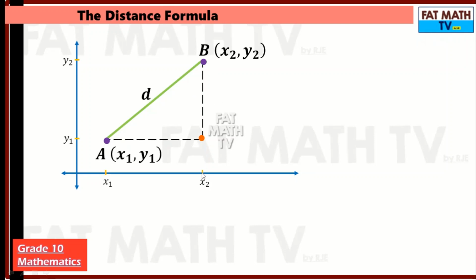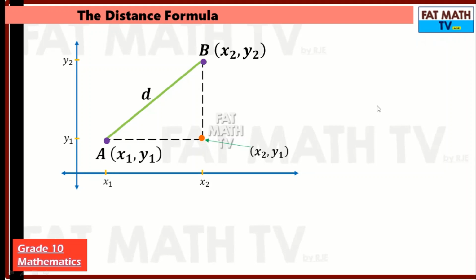It is aligned to x sub 2 on the x-axis and to y sub 1 on the y-axis, so its coordinates are x sub 2, y sub 1. We will use the sides of this triangle to solve for D. As you can see, we form a right triangle and we will use the Pythagorean theorem to solve for this value. This is the hypotenuse of the right triangle and these two are the legs.